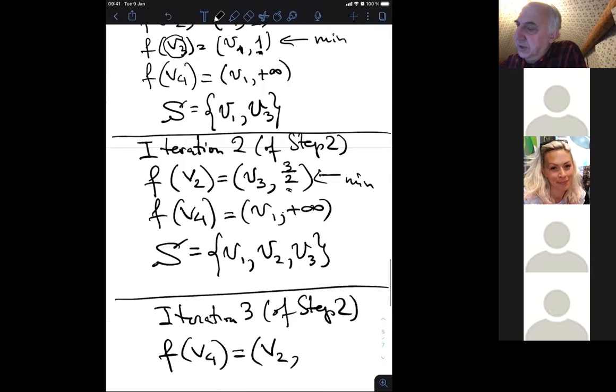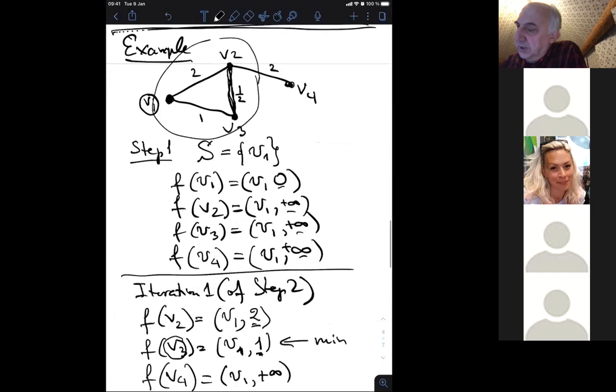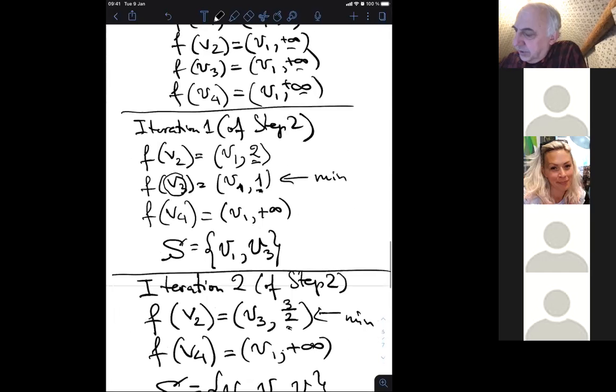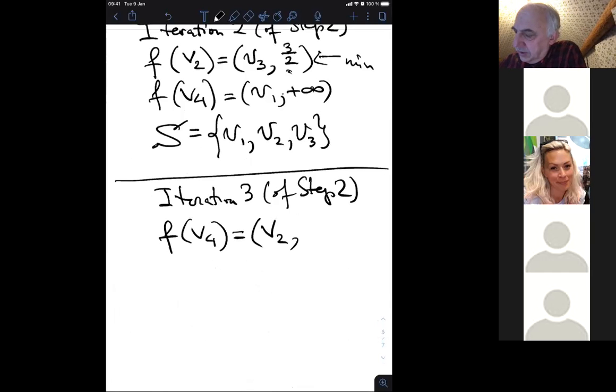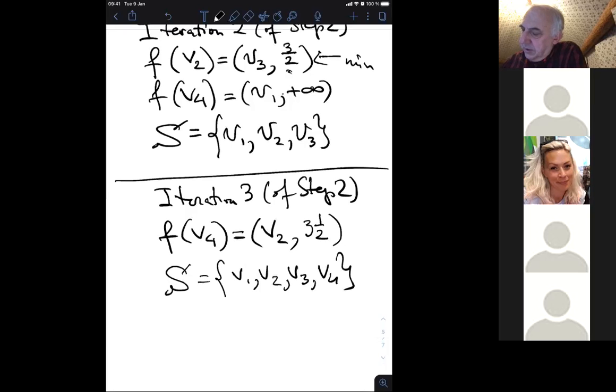So my total would be 3/2 plus 2, which would be 3 and 1/2. And now my S is a full set of my vertices, all 4 of them, and I have to terminate.